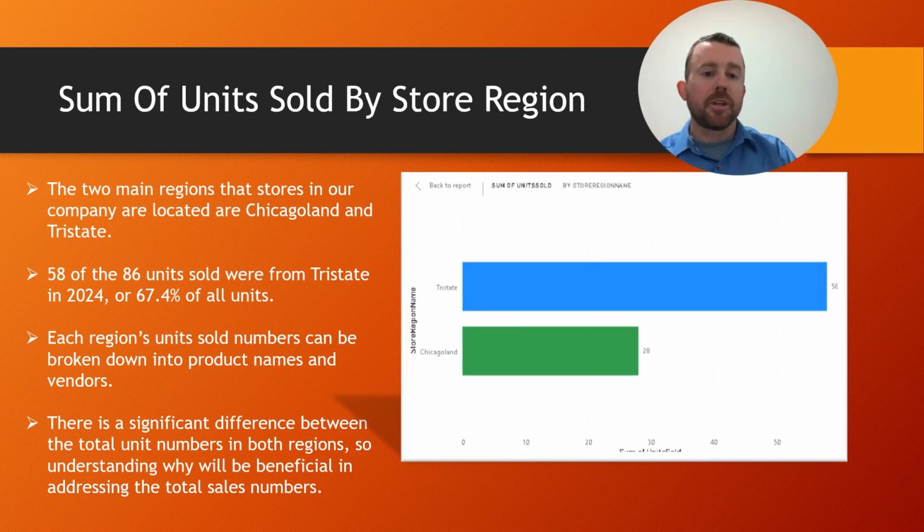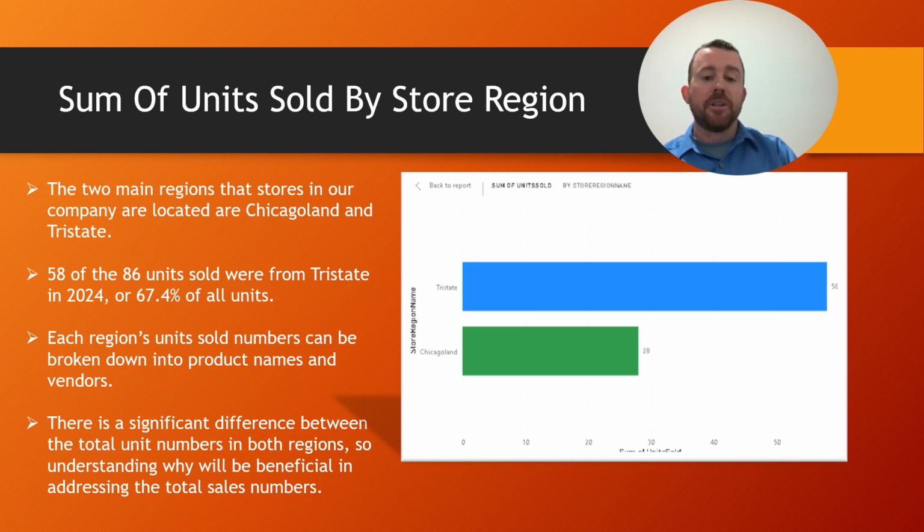Okay, so the units sold by region. The previous slide we went over the units sold between the Mountain King and the Pacific Gear, so that broke it down a little bit more. But this is a broader chart, so it does show the exact numbers of how much is sold by each. So you got the 58 in the tri-state as opposed to 28 in Chicagoland.